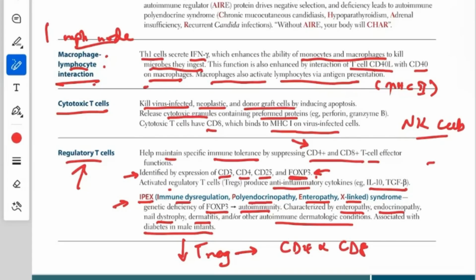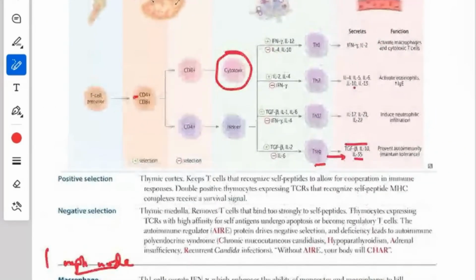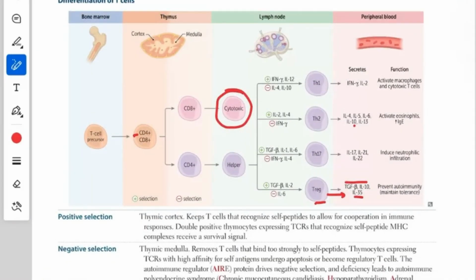If FOXP3 is absent, that will lead to absence of regulatory T cells, and therefore the activity of CD4 and CD8 cells will go up. So no one to suppress them, and they will attack normal tissues and organs, leading to autoimmune disorders.